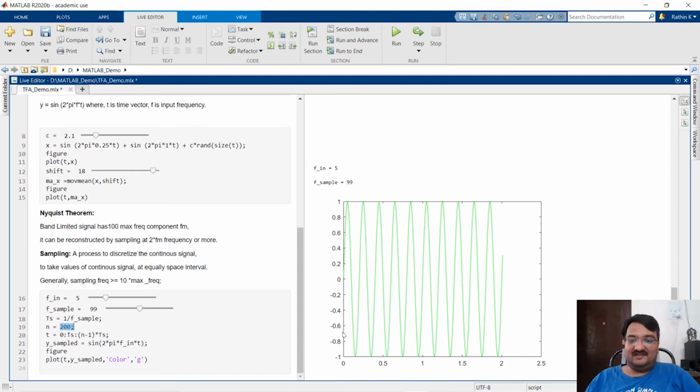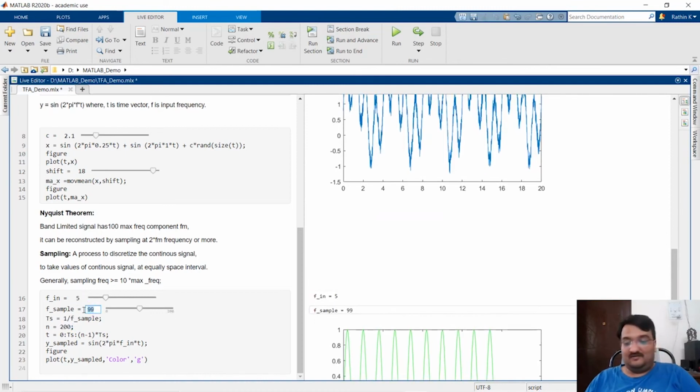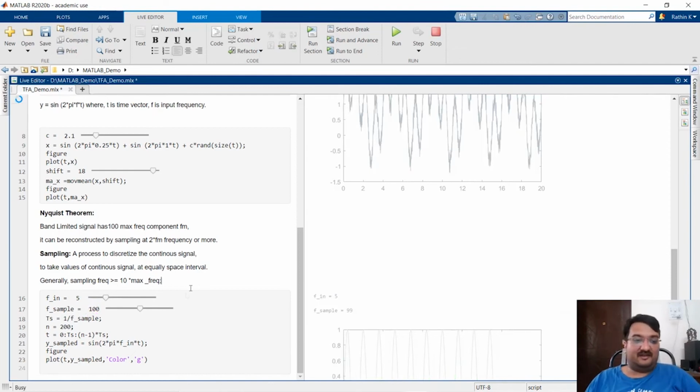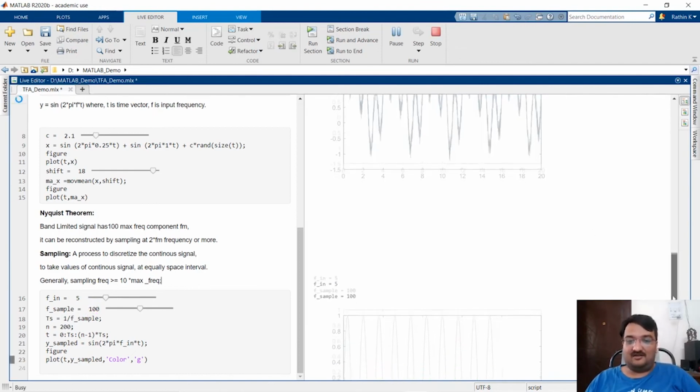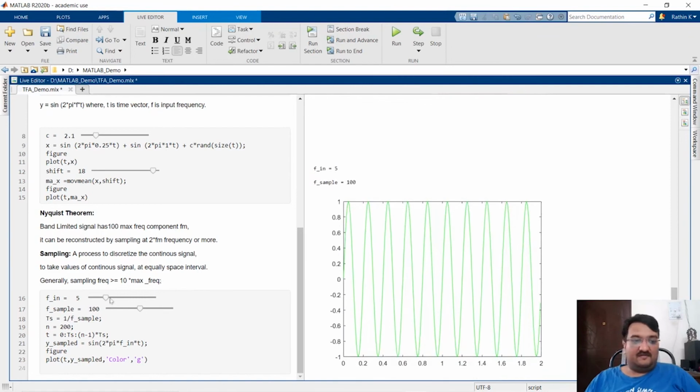And you can see that in 1 second it repeats 5 times. So it's able to reconstruct the 5 Hz signal using a frequency of 99. You can change this to 100 as well by typing a manual value. Okay, we are fine with this.